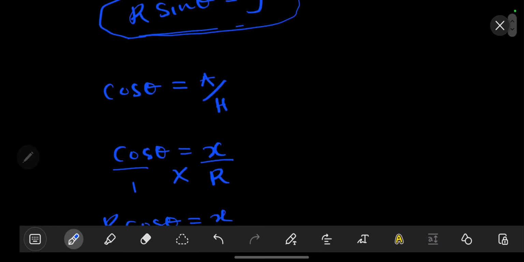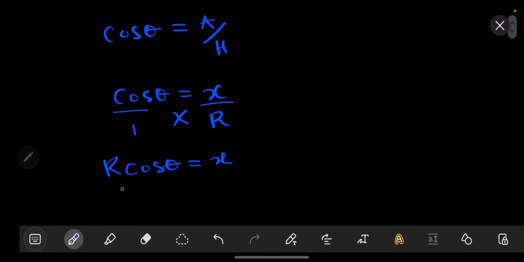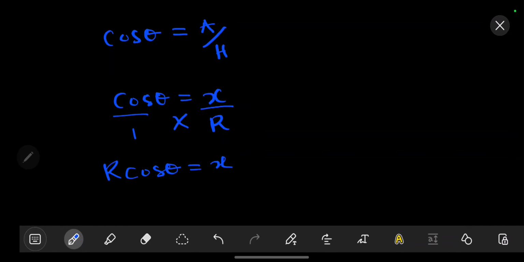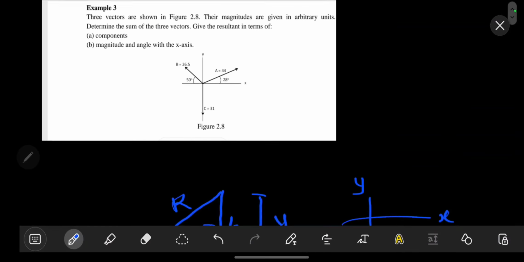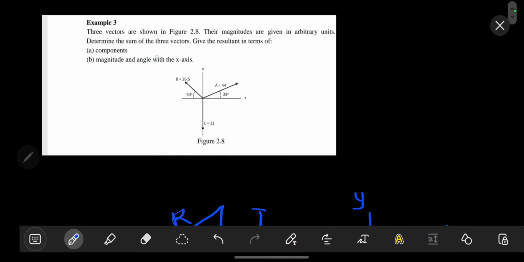So the x component is associated with cos, and the y component is associated with sine. If we are adding vectors, we add the x components throughout like that, and likewise the y components. That's very, very important.